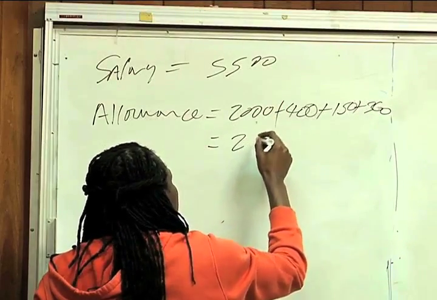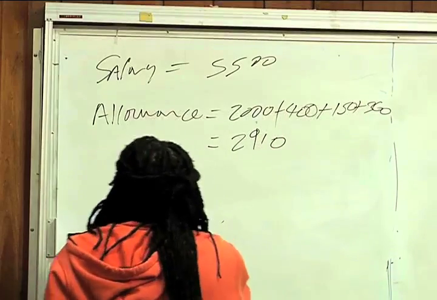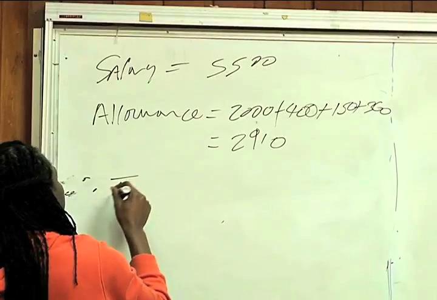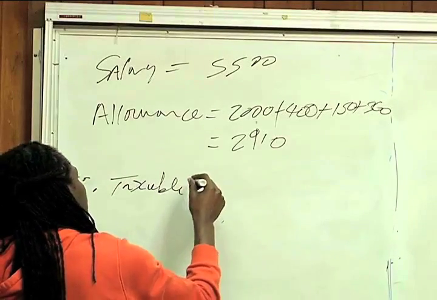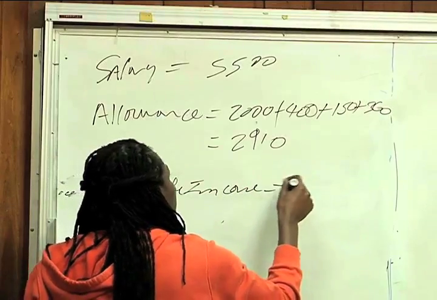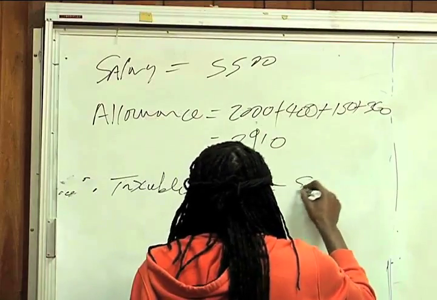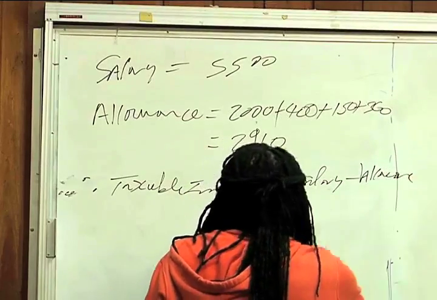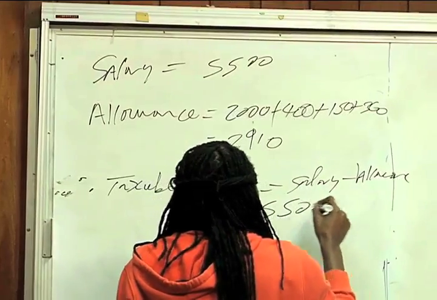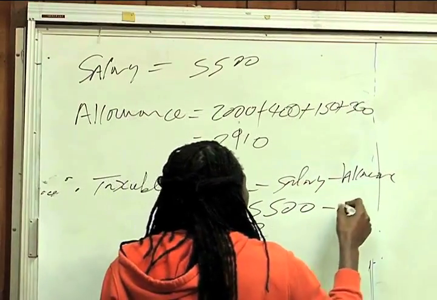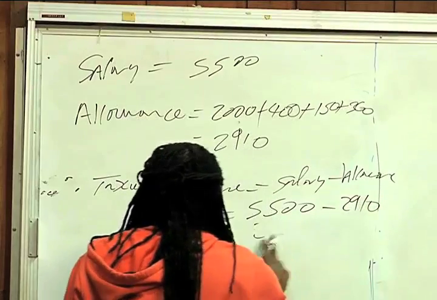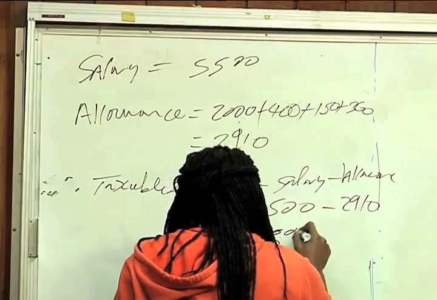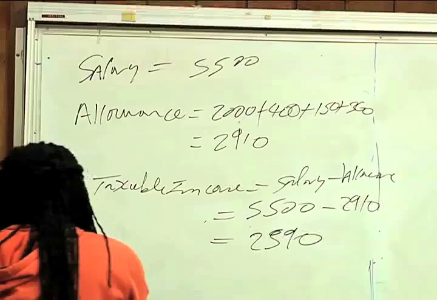Therefore, taxable income equals the salary minus allowance, equal to 5,500 minus 2,910, equal to 2,590. Right?